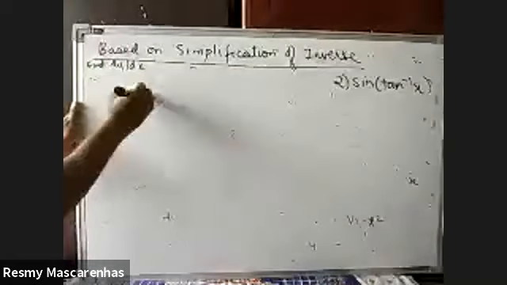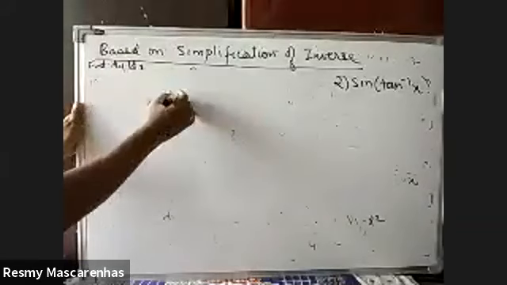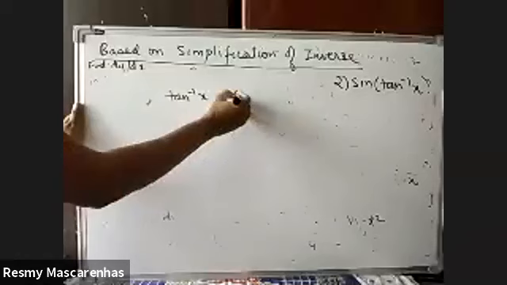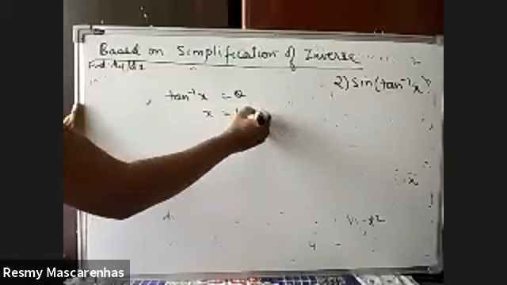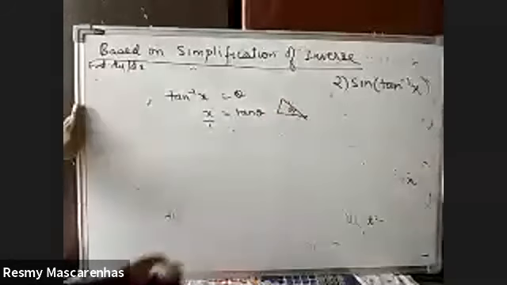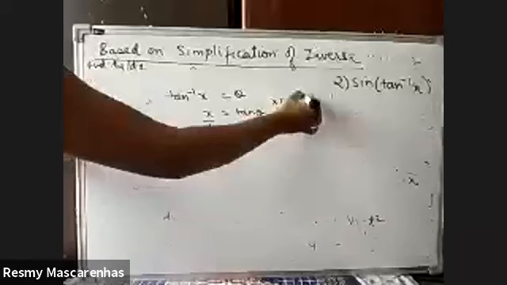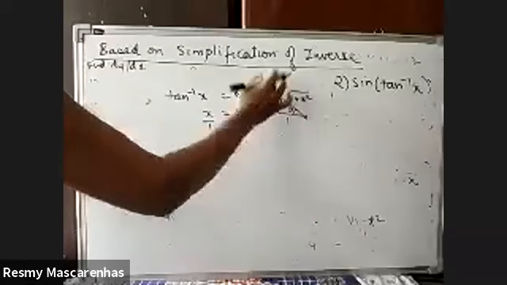So y will be, whatever you assume, tan inverse of x equal to theta. If nothing is there, it means 1. So tan theta will be what? Opposite upon adjacent. So the hypotenuse will be root of x square plus 1.